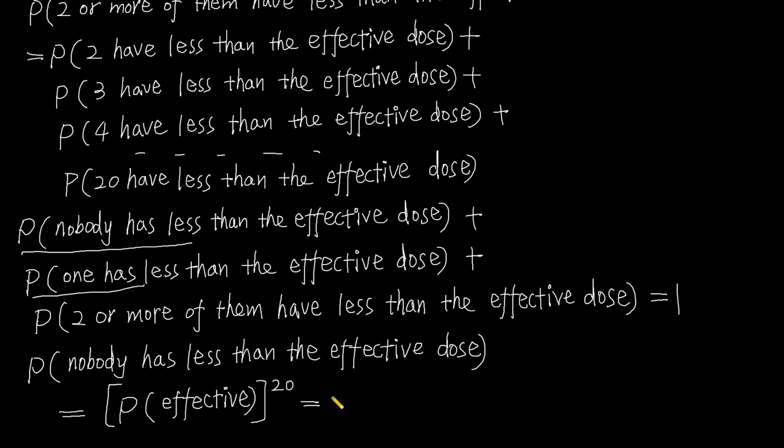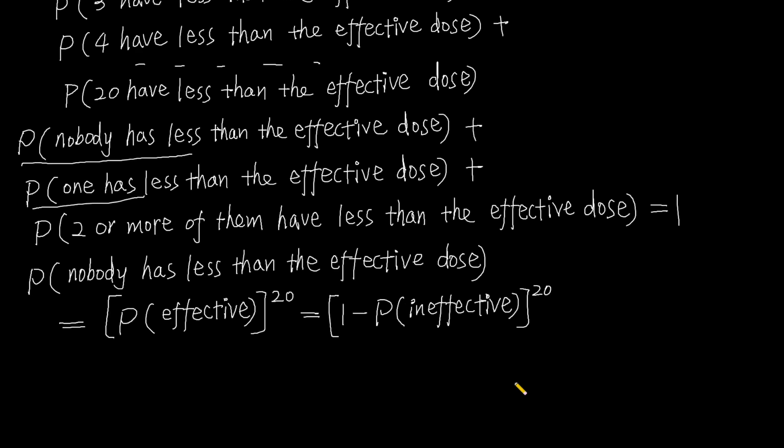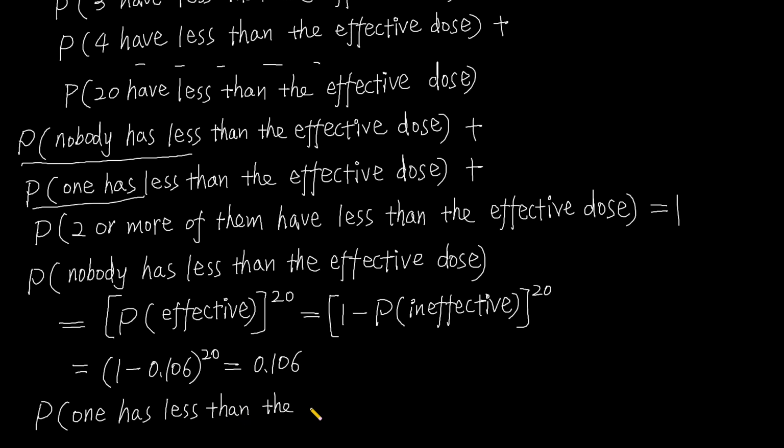The probability of effective equals 1 minus the probability of ineffective, so this is (1 minus 0.106) to the power of 20. This equals 0.106.